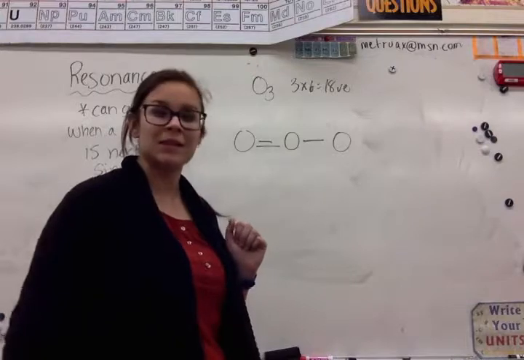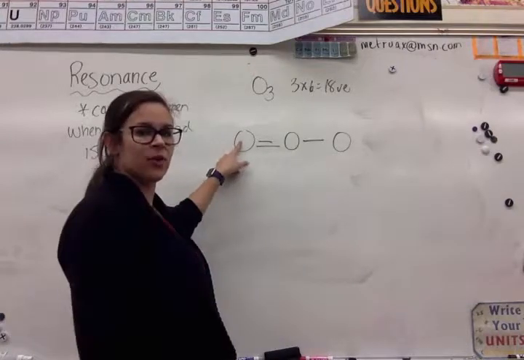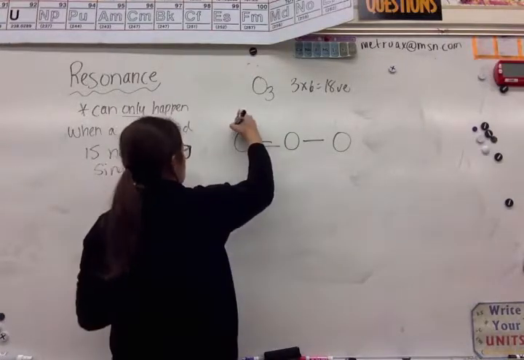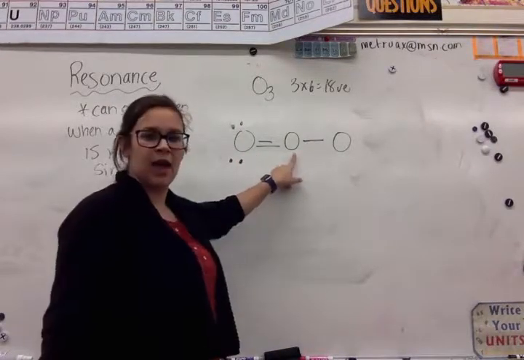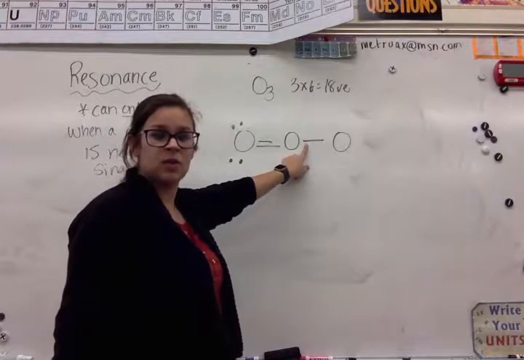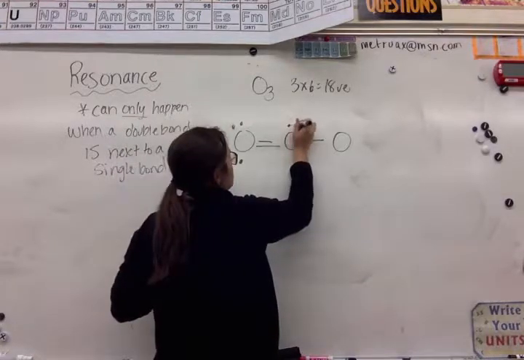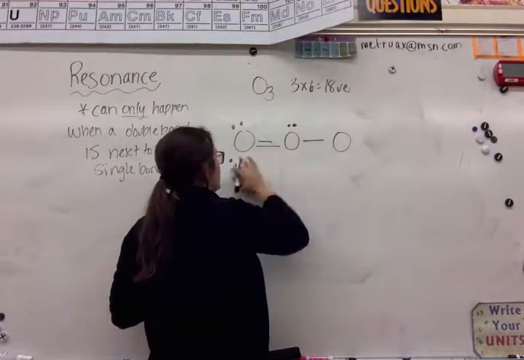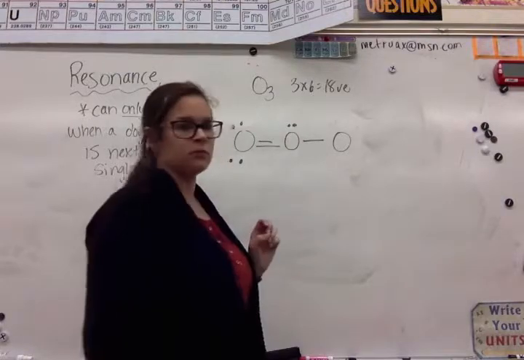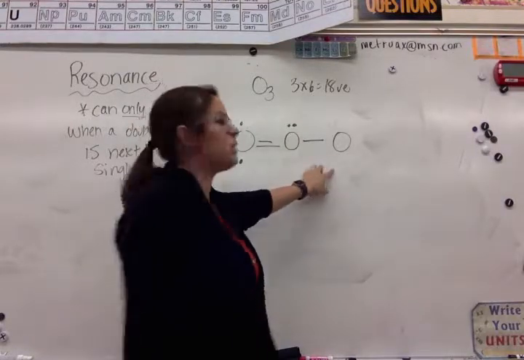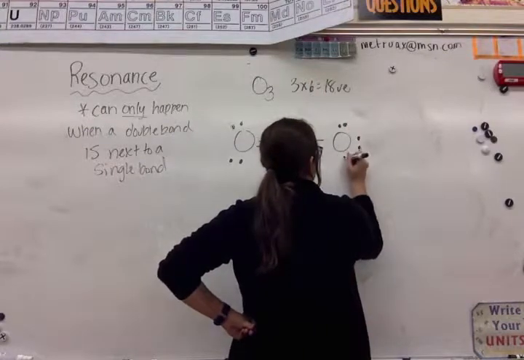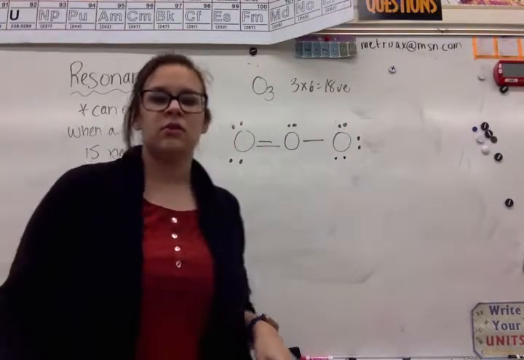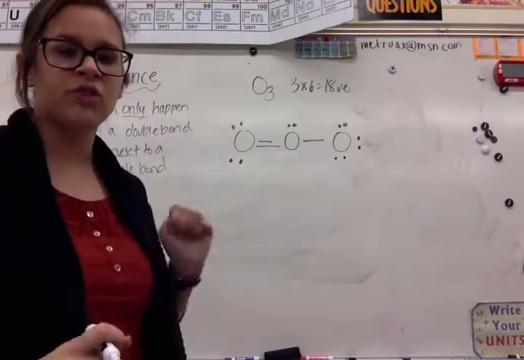Now we've used up 6 electrons. This guy already has 4, so it needs 2 lone pairs. This guy already has 6, so it needs 1 lone pair. So we've used 2, 4, 6, 8, 10, 12. And this guy needs 3 pairs, 14, 16, 18. All right, so that's the Lewis structure for ozone.